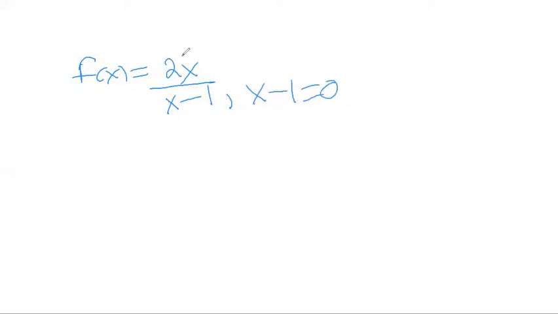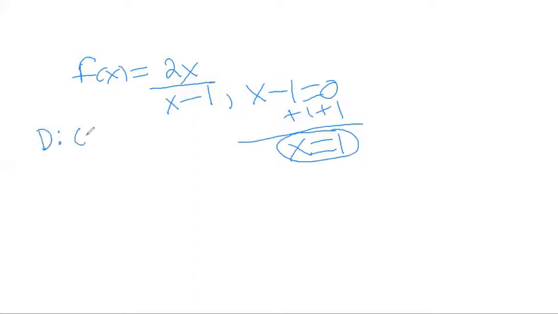There's nothing I can factor here, can't factor anything from the numerator nor the denominator. So x minus 1 equals 0, add 1 to both sides, and x equals 1. Well, that means that the domain is all real numbers except x cannot equal 1. So in interval notation, that's going to be -infinity to 1, union 1 to infinity.